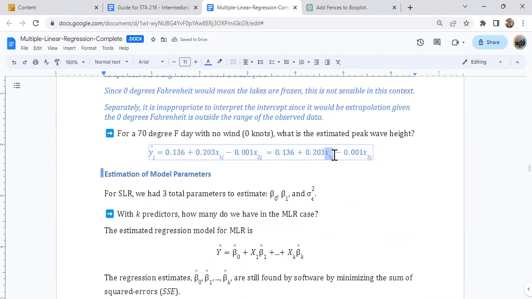So what should we put in for x1? x1 is the wind, so it's 0. And what about x2? 70. Thanks.